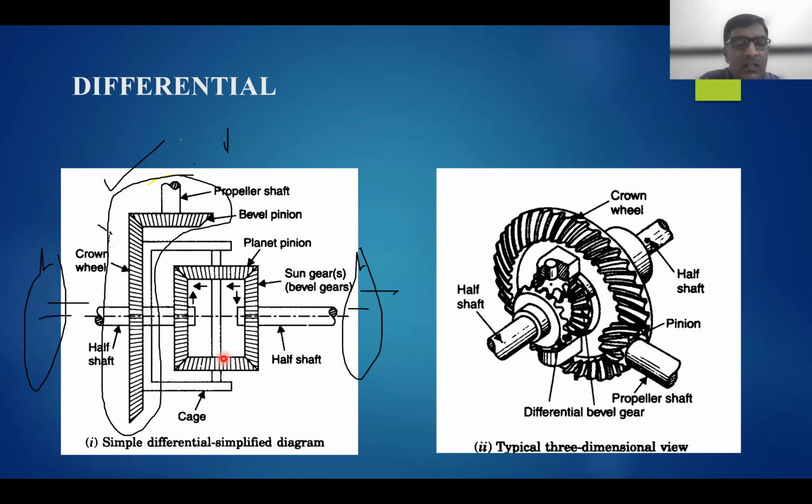With respect to this figure, we can call it a vertical shaft, on which two planet pinions are also free to rotate about this vertical shaft. This is another planet pinion. So this is one, this one is second.